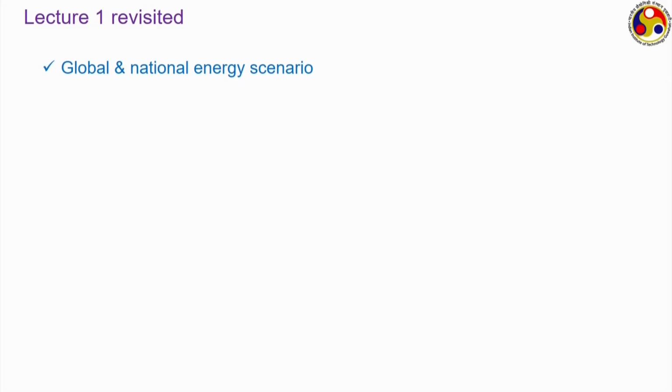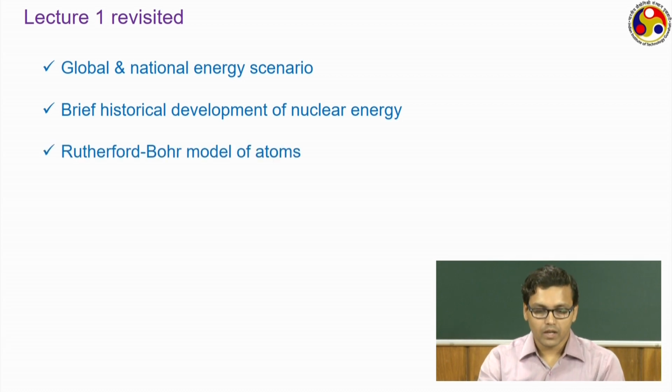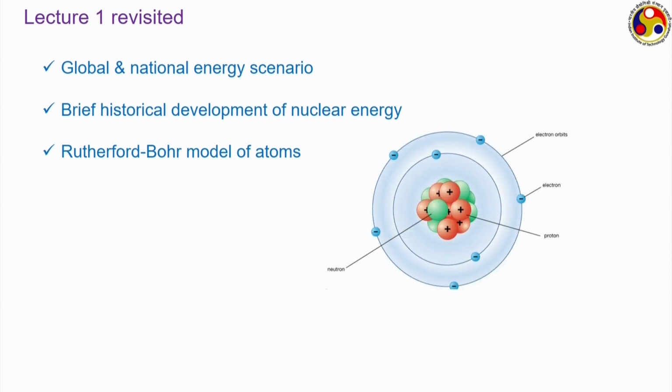Just a brief summary of whatever we did in the previous lecture. We had a discussion on the global and national energy scenarios, and we briefly discussed the historical development by mentioning the works by some of the eminent scientists. And then we discussed the Rutherford-Bohr model of atoms, which is quite similar to the solar system, having a heavy nucleus at the center and tiny electrons moving around it in orbits.